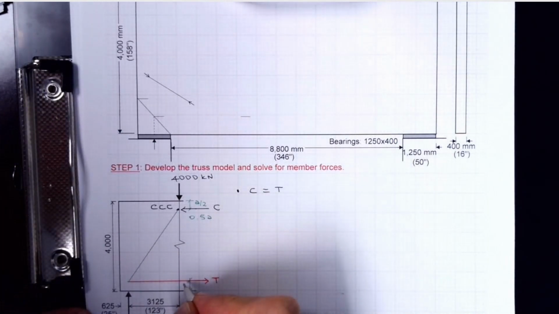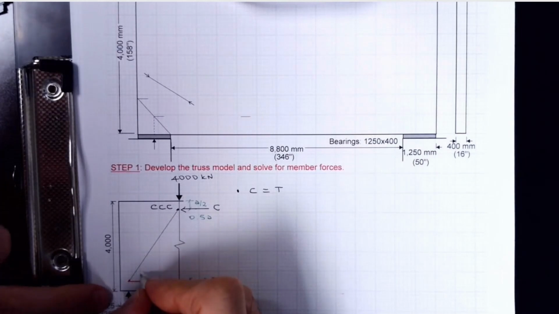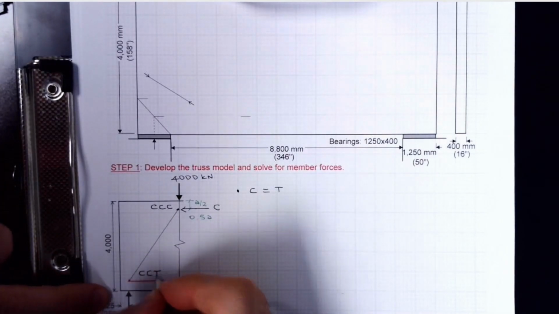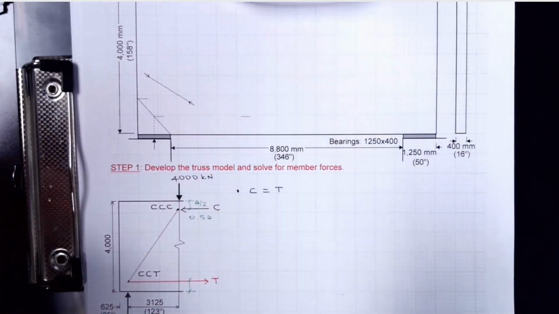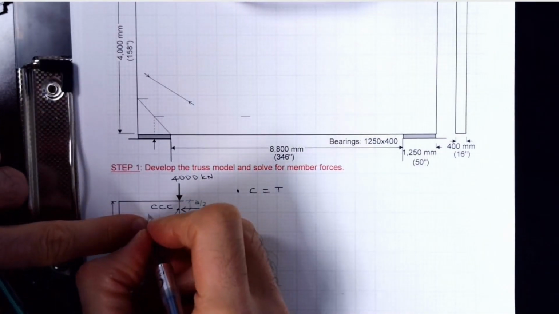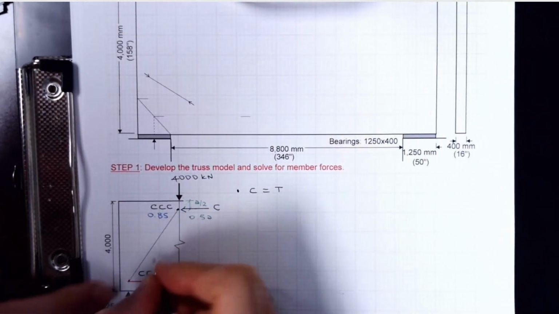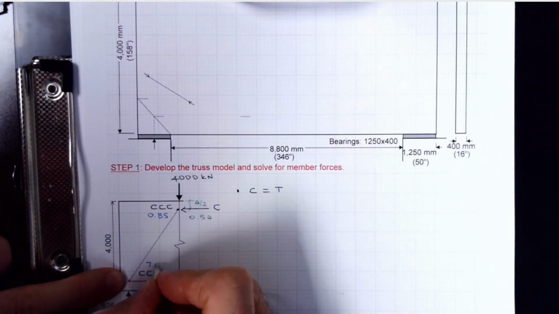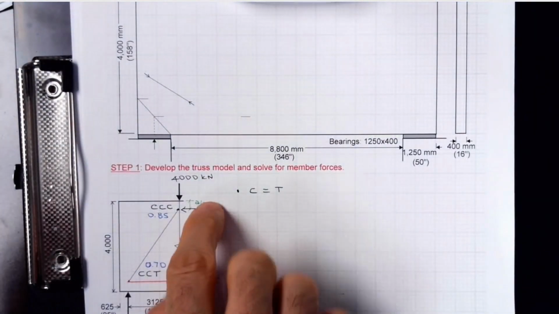The node at the bottom would be compression, compression, tension. And you know that the multiplier for this CCC would be 0.85 based on H2, and this one would be 0.70.